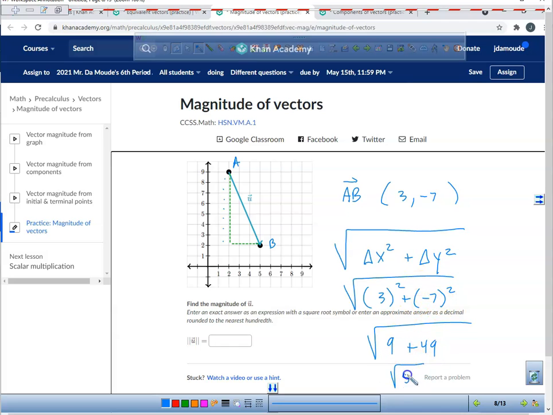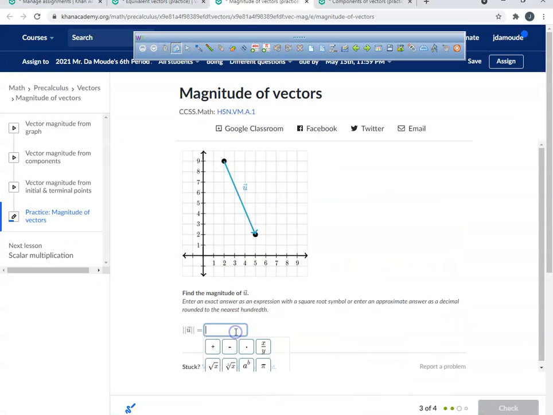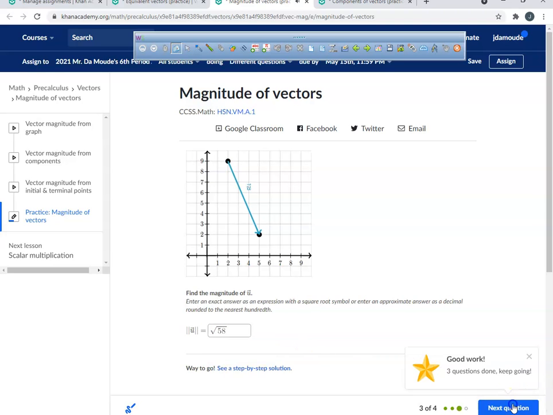And then you get the square root of 58. It says enter the exact answer as an expression with a square root symbol. So that's what I'll do. Square root of 58. Let's see if I did it right. If not, you can laugh at me behind my back or laugh at me in front of me. Oh, man, I got it right.